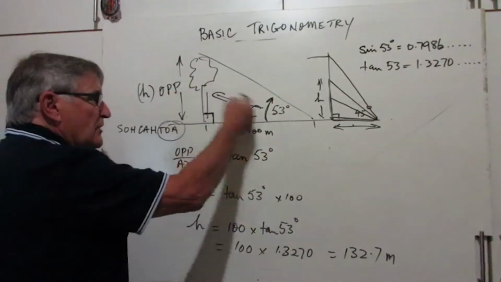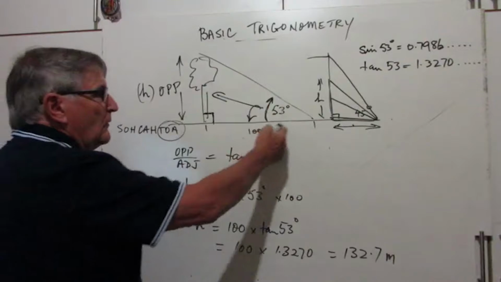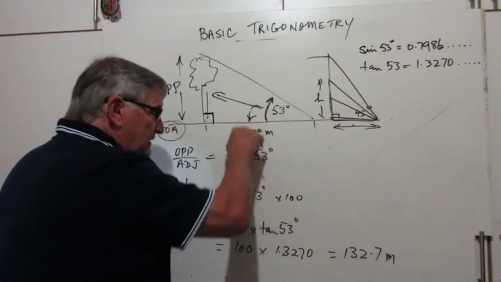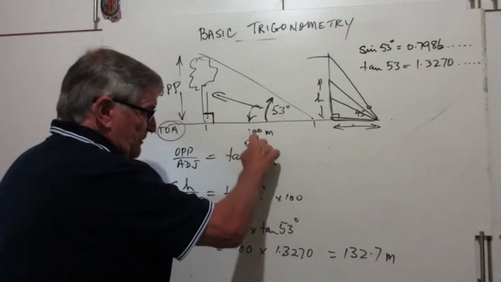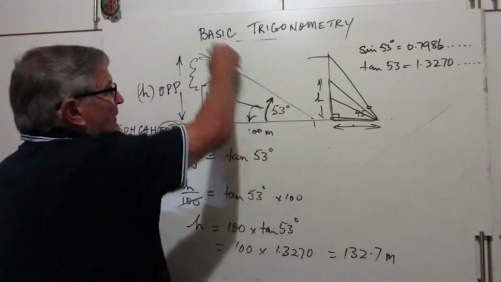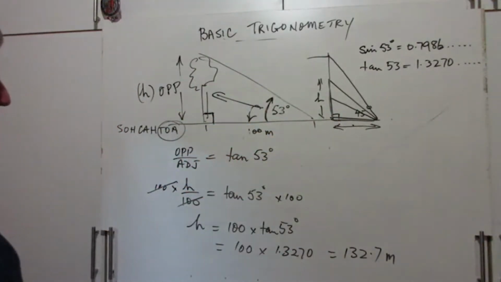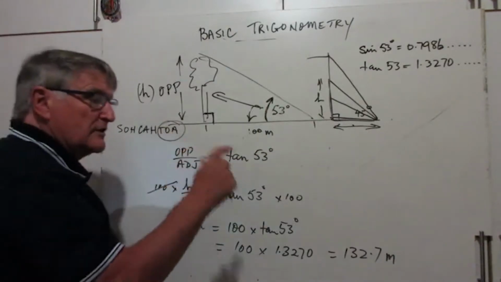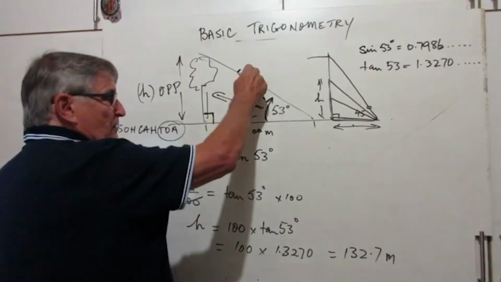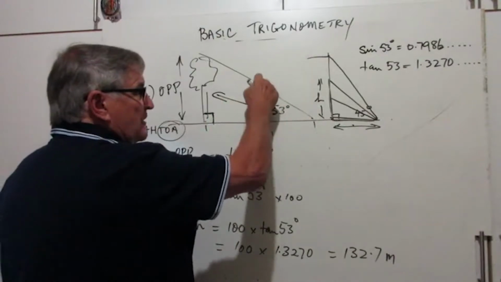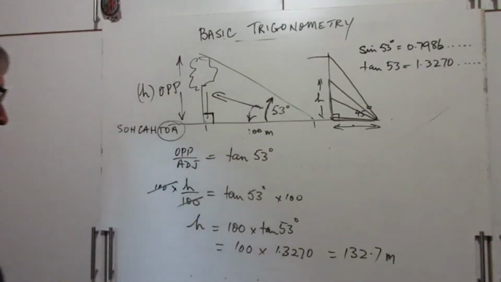You want the opposite side, the side that's opposite the angle, and we're given the adjacent side, this side that's adjacent to the angle. Hypotenuse doesn't come into this problem, so sine and cosine won't come into the problem, because both sine and cosine need the hypotenuse. Okay, let's try another one.